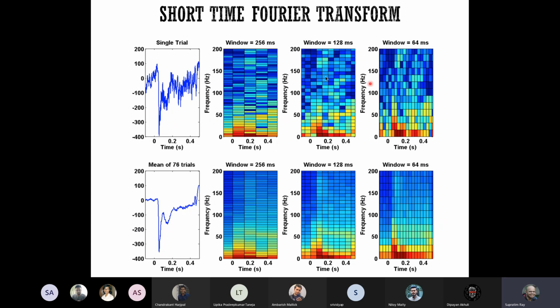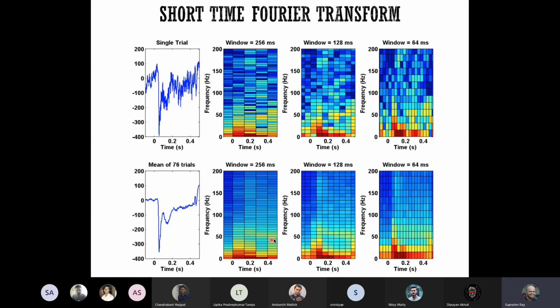So in a single trial, they all look meaningless. But if you have lots of trials, like the 76 trials we had, we could take the average of those 76 trials to get the ERP. But we could also get the average of the 76 amplitude spectra. And that is shown here. And now you can see the gamma rhythm here.